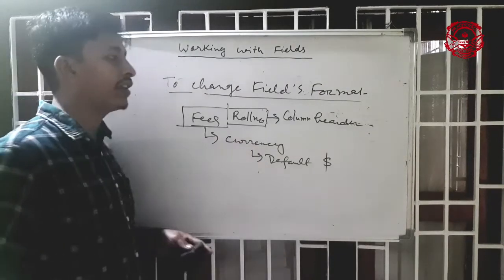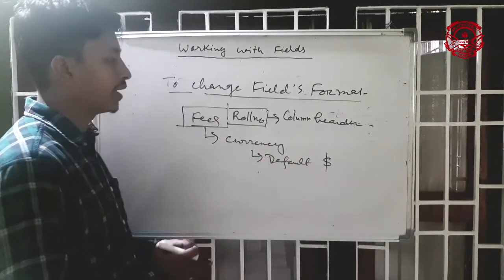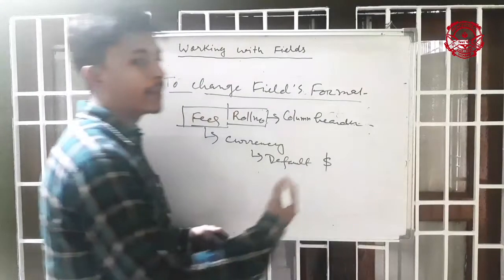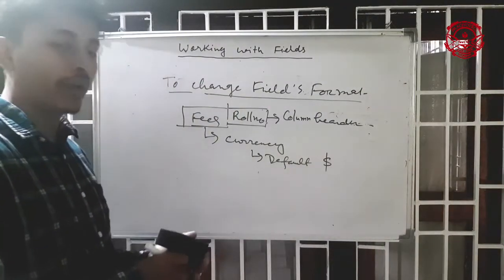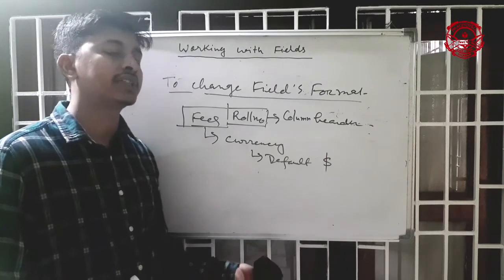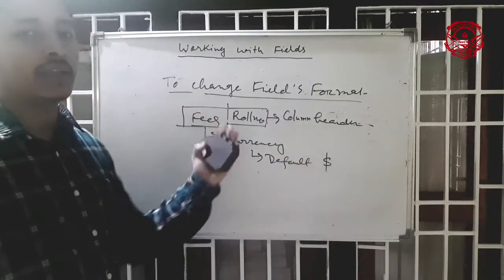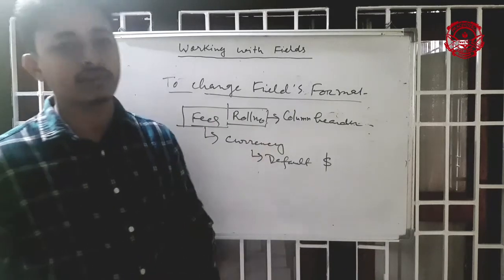So this is called field, change the field format. The field format, you can change the field. Text to number, number to text, or maybe hyperlink to OLE objects, anything you can change with the help of field format. This will be discussed in later options.